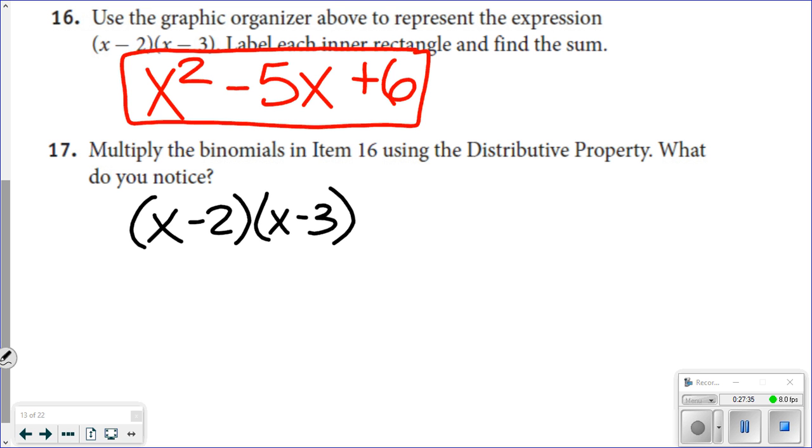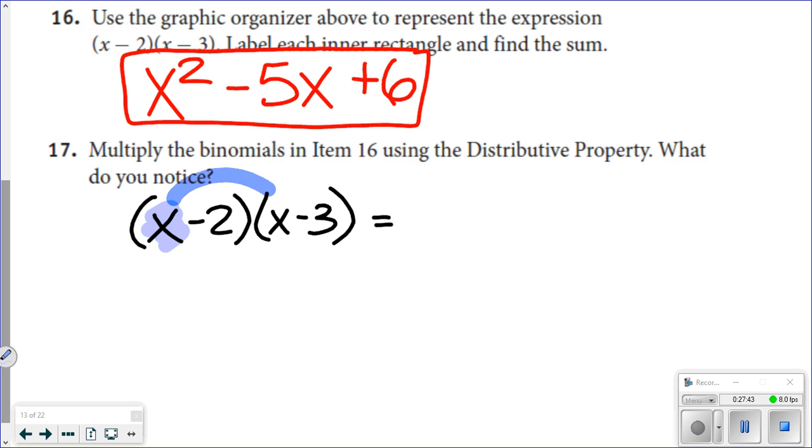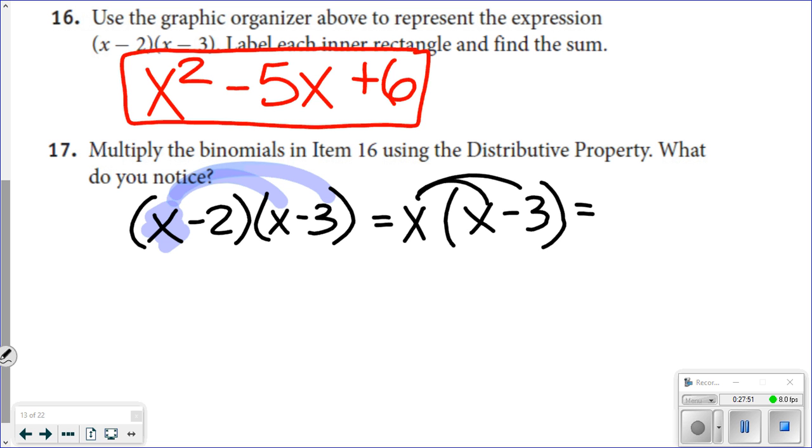So what we're going to do, remember we have to distribute, so we're going to take this x, and we need to multiply it by both of these. So it would be x times x minus 3. So x times x is x squared. x times negative 3 is negative 3x.